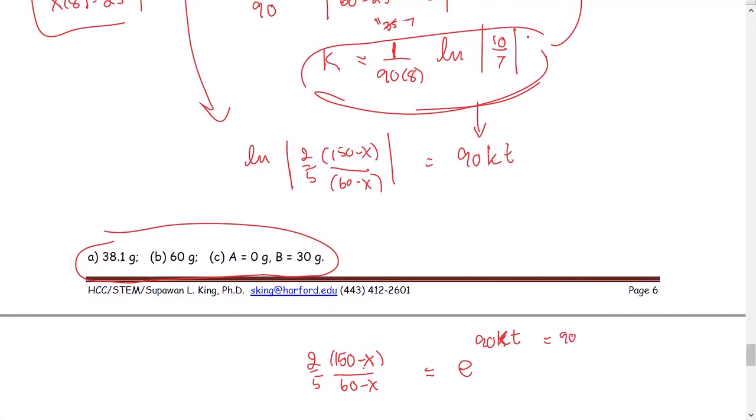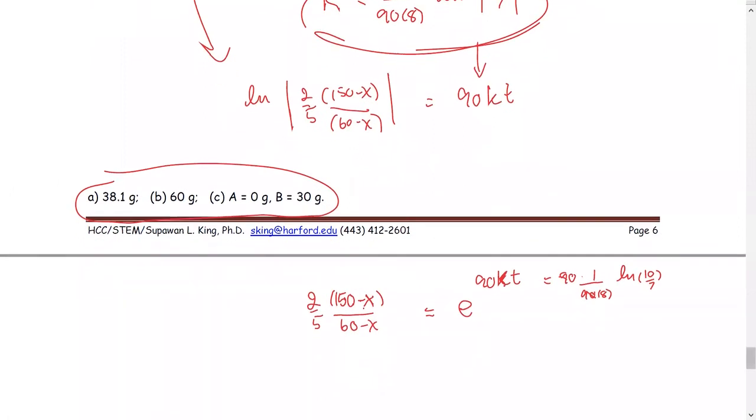So 90, 1/90 times 8, natural log of 10/7. 90 and 90 reduce. And this is going to multiply by T as well.